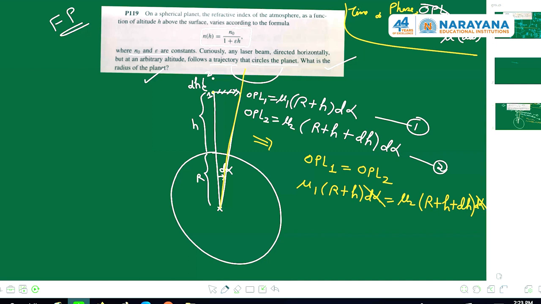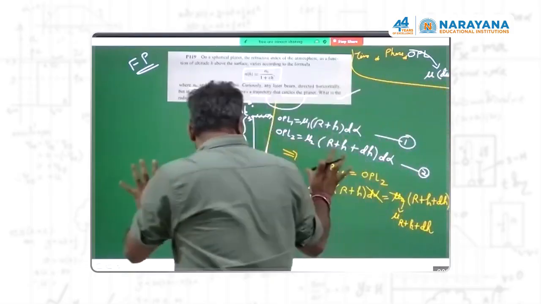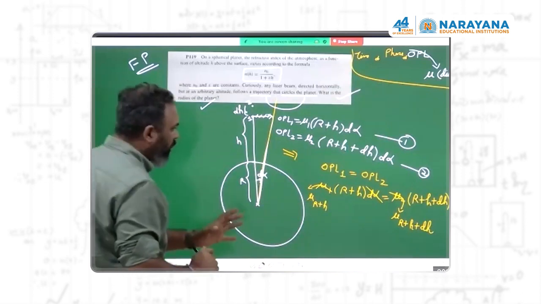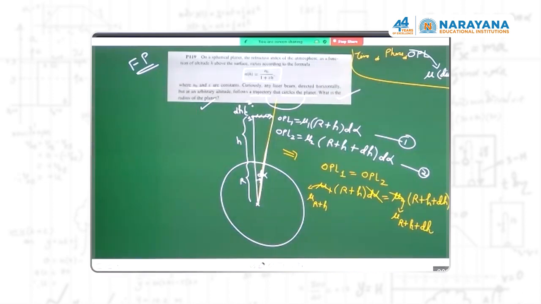And remember, mu1 is mu at r plus h, and this term is mu at r plus h plus dh. Now this equation helps me out in the problem.